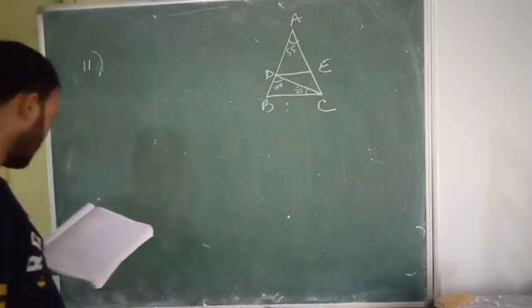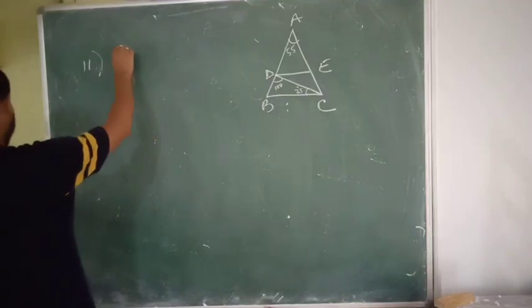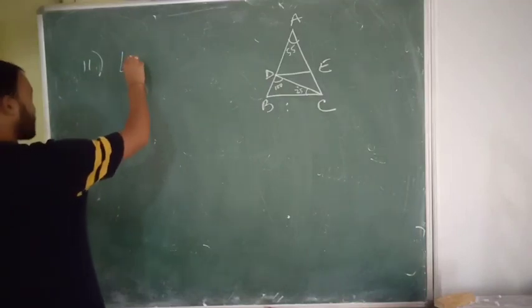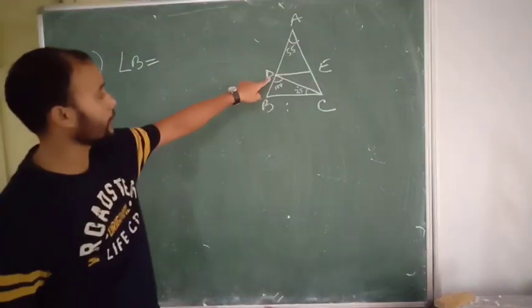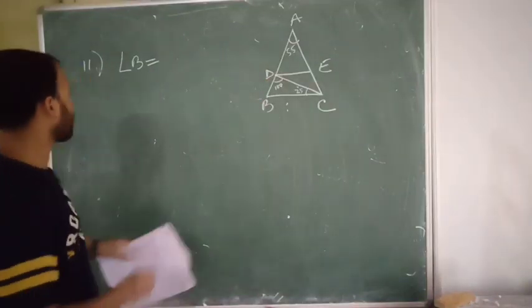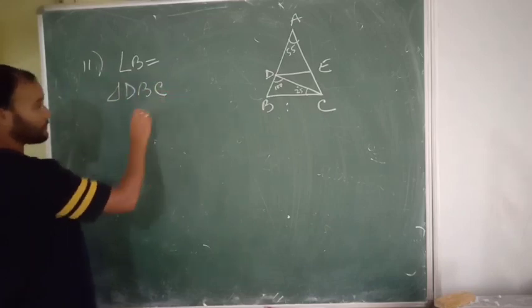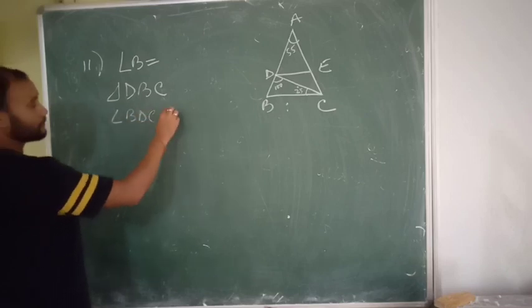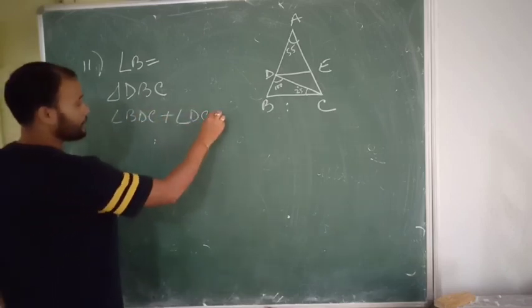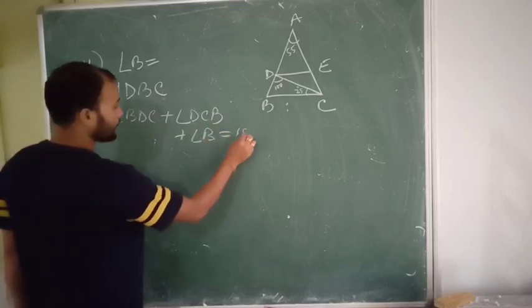First thing they are asking us to find angle B. Where do we find angle B? In this particular triangle DBC, angle BDC plus angle BCD plus angle B equal to 180 degree.